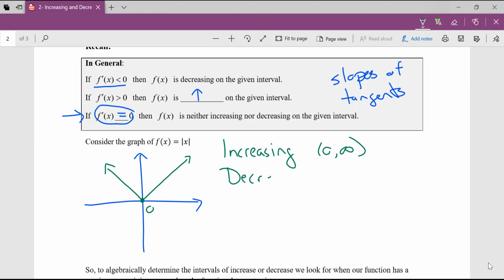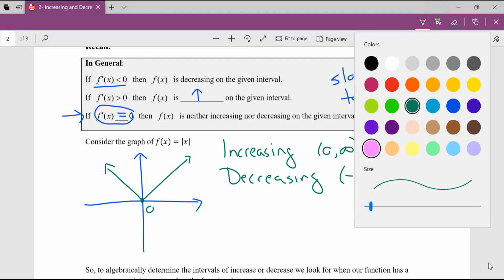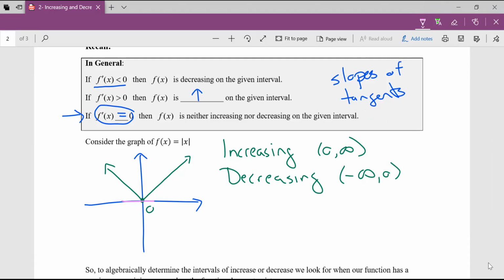I'm decreasing where the slopes of my tangent lines are negative, from negative infinity to 0. And right here at 0, I'm neither increasing nor decreasing. But what I really want to point out here is that my derivative at 0 does not exist.